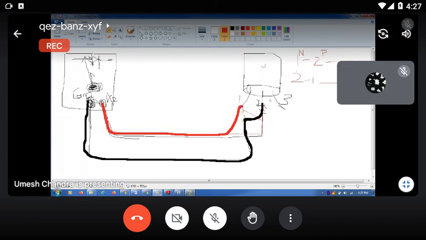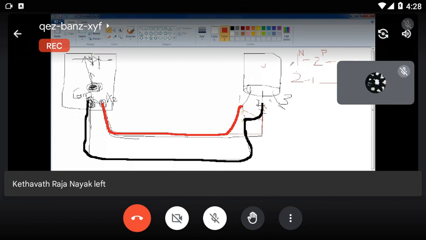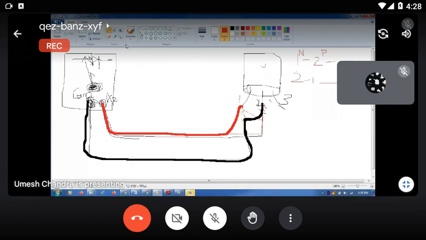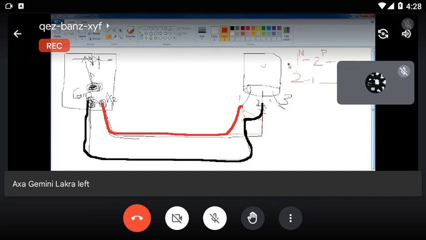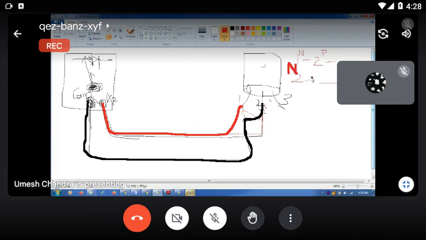The 2 to 1 reading is 0 volt. Why 0 volt? Because it is reversed. Now 2 is negative and 1 is positive. Here there is no voltage. You got the OL.